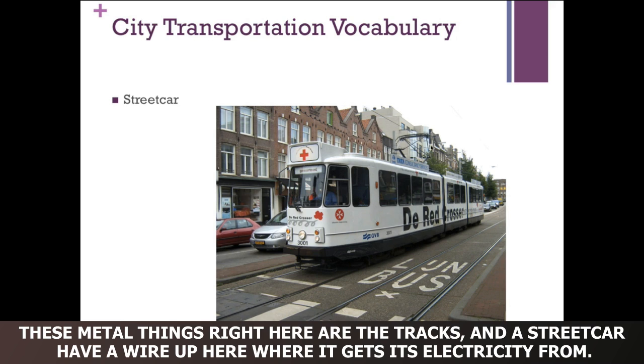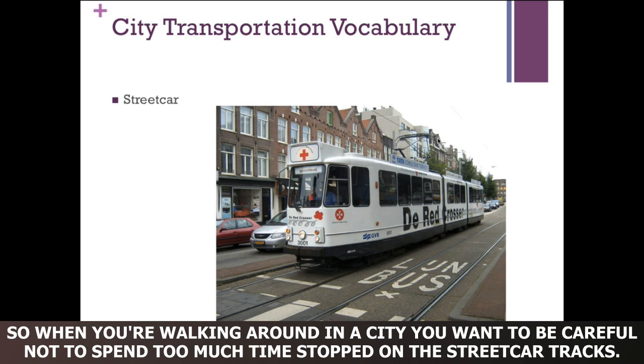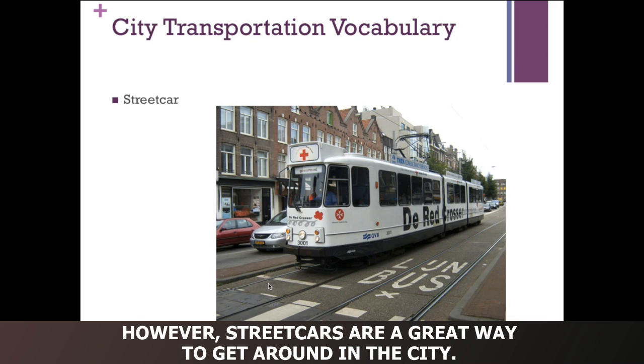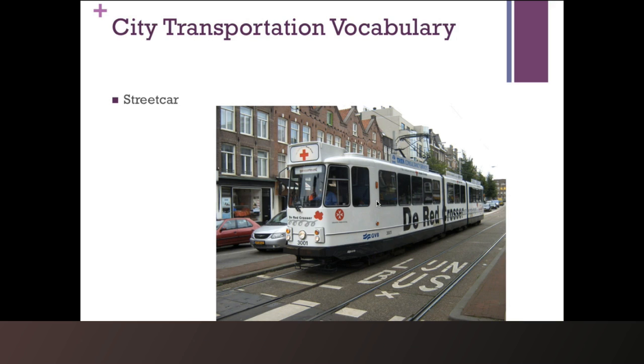And a streetcar has a wire up here where it gets its electricity from. So when you're walking around in a city, you want to be careful not to spend too much time stopped on the streetcar tracks. However, streetcars are a great way to get around in the city.